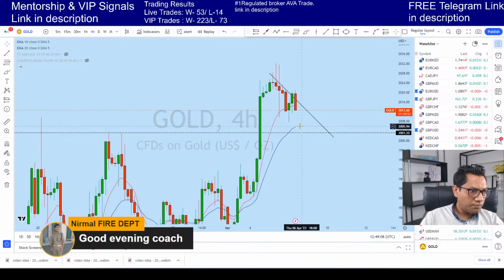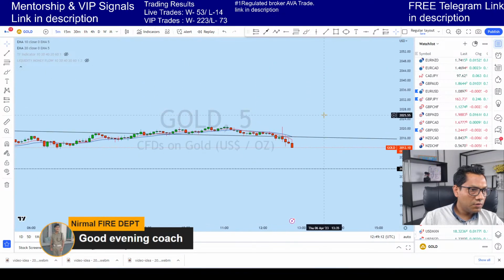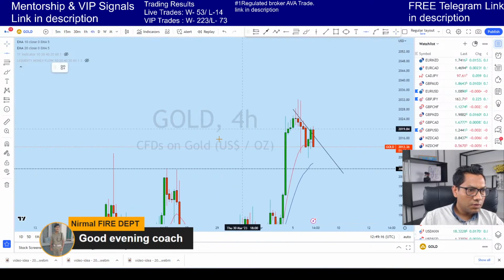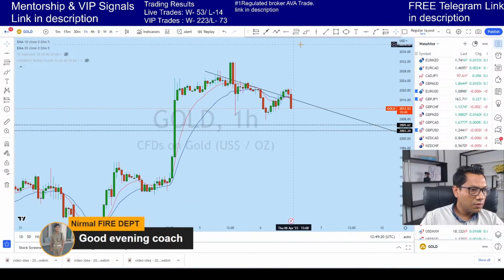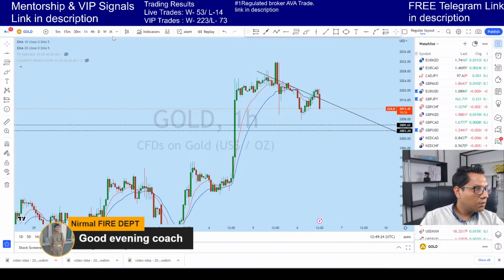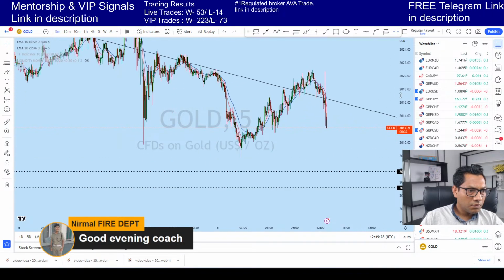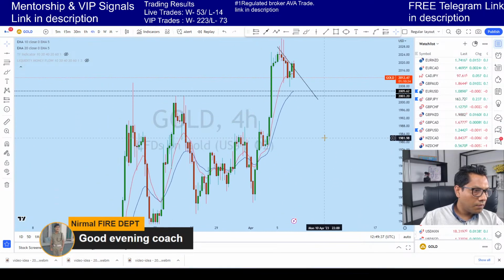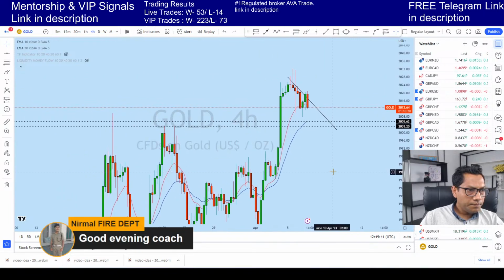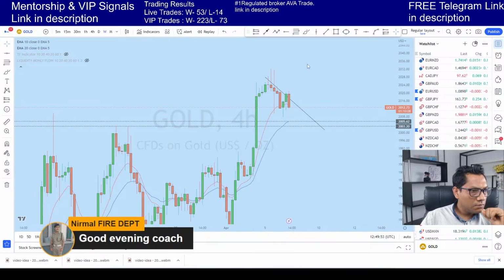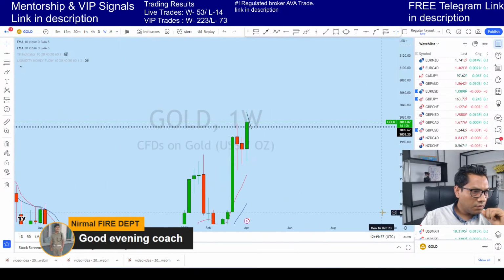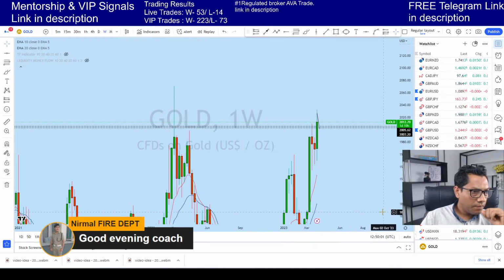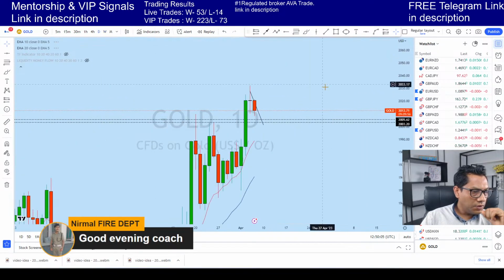You can see there is a 20 EMA on the 4 hour, and the weekly, daily.